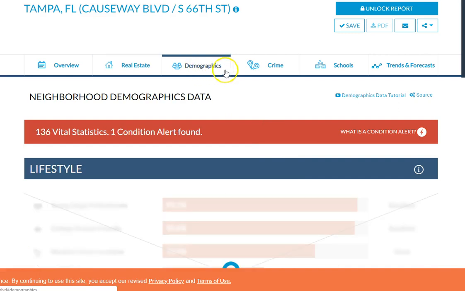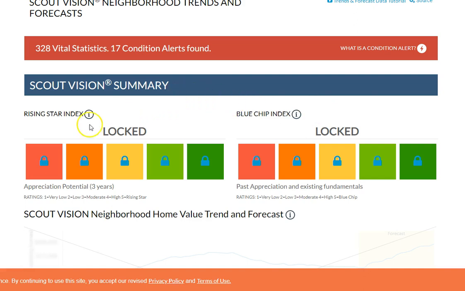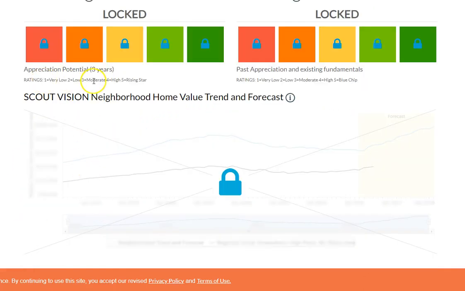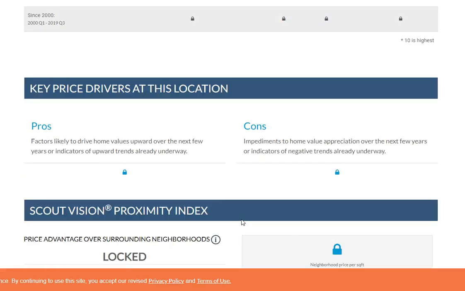You can check this out in more detail, lifestyle. What's interesting is what gives you the trends and demographics. So it gives you a rating for an index, so appreciation potential of what they think, and then past appreciation and existing fundamentals. Gives you all this information here.